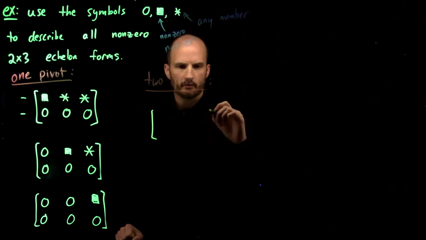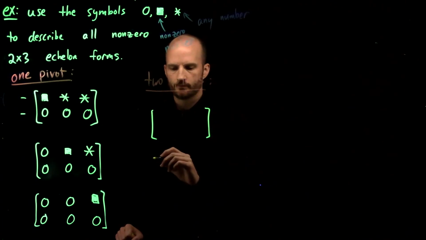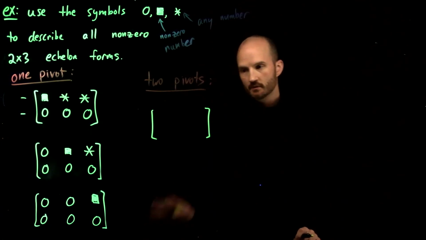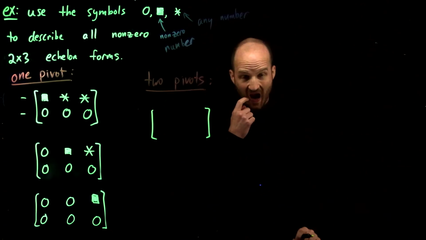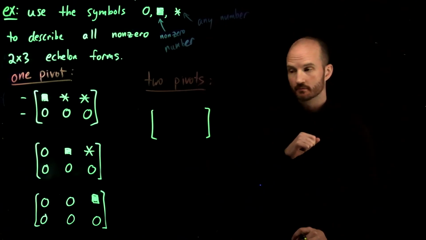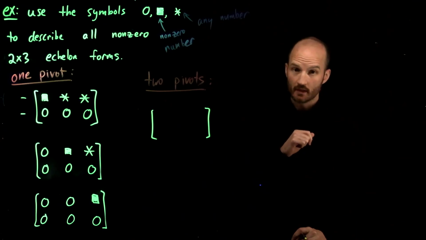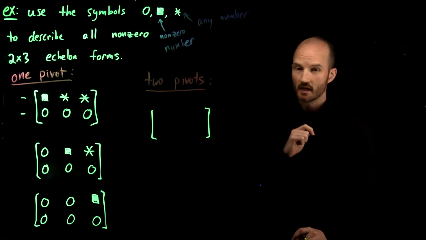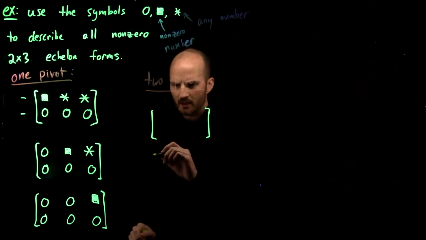So how can you think about that? So 2 columns are going to have a pivot. So my brain says, okay, 1 column is not going to have a pivot, and there are 3 different ways to choose that 1 column that does not have a pivot. So that's how my brain breaks it down.